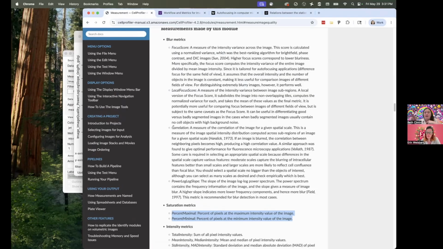If I take a square of 50 pixels, how likely is it that all the pixels are highly similar? Real biological objects probably have a lot of variability if they're in focus. If they're out of focus, they might have more sameness. So increased correlation can actually mean that your image is blurry.